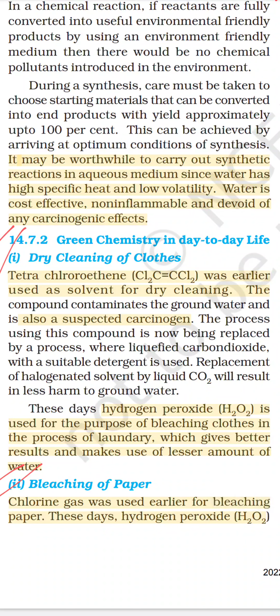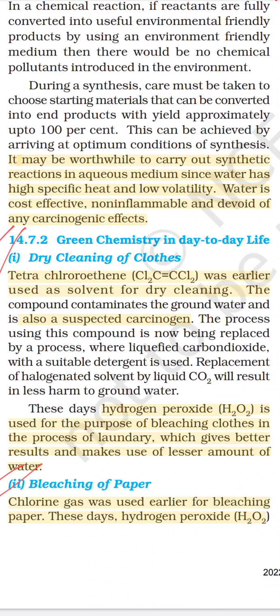Green chemistry in day-to-day life. First, dry cleaning of clothes. Tetrachloroethene, Cl2C=CCl2, was earlier used as a solvent for dry cleaning. The compound contaminates the groundwater and is also a suspected carcinogen.